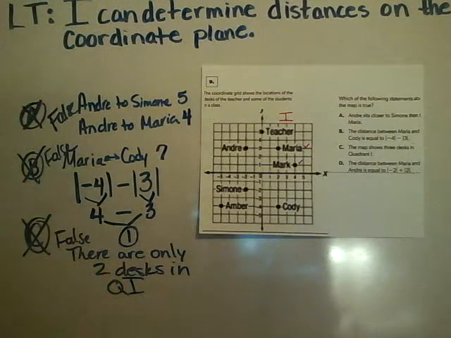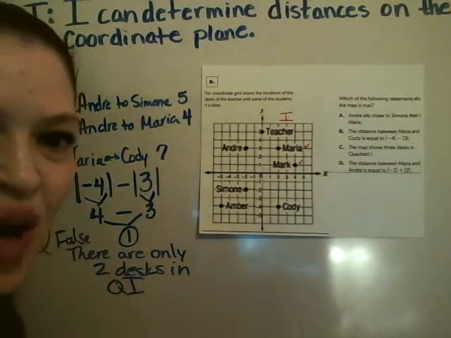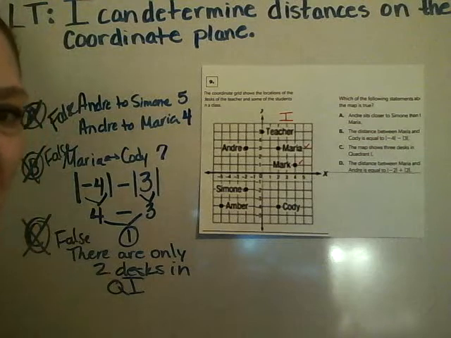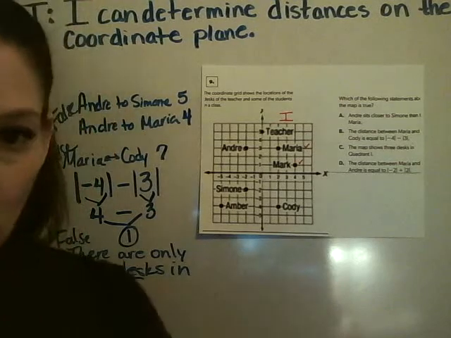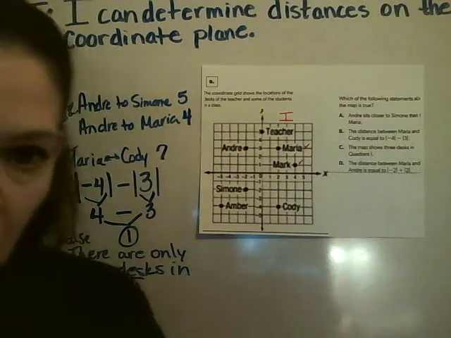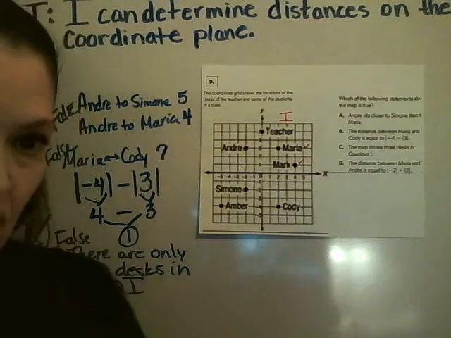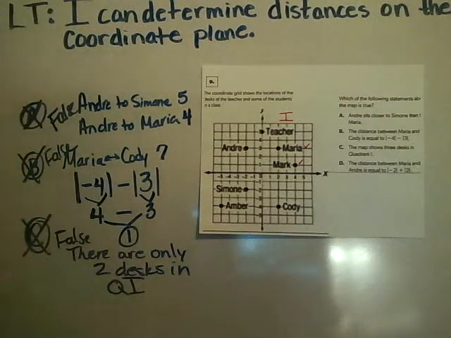That is not true. Uh-oh, that leaves us with one last answer. But just because it's the last one doesn't mean you should say, oh, okay, that must be it. You still need to check it and verify that D is the correct answer, because we could have made a mistake up here.